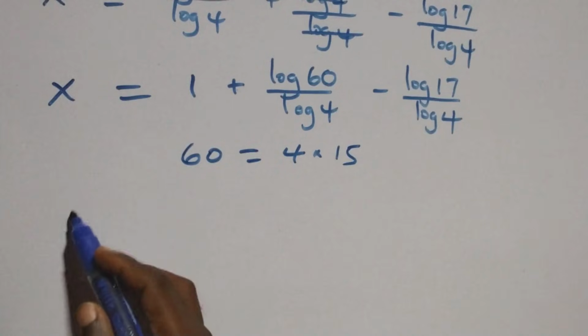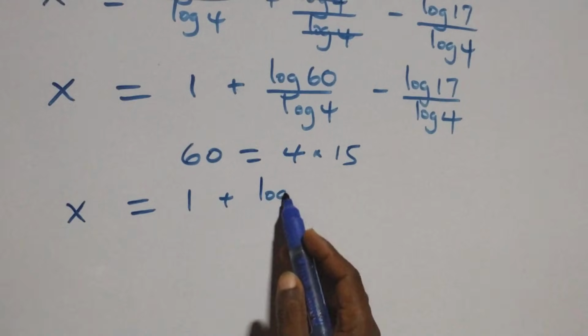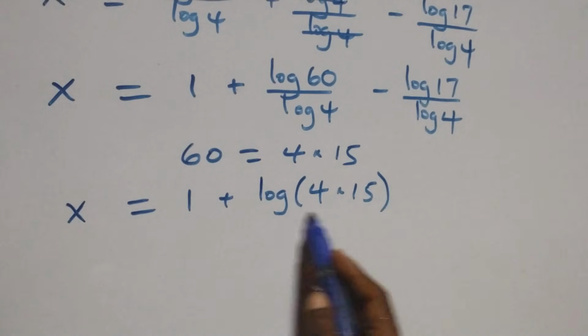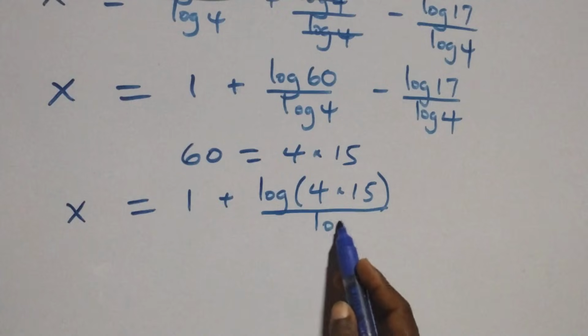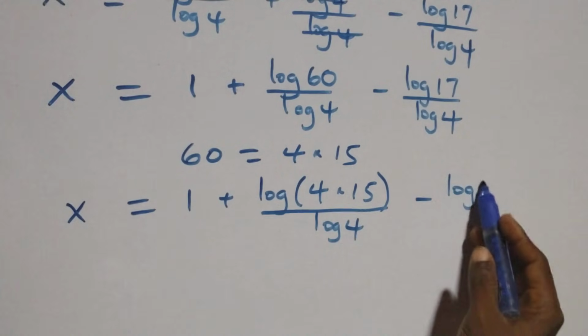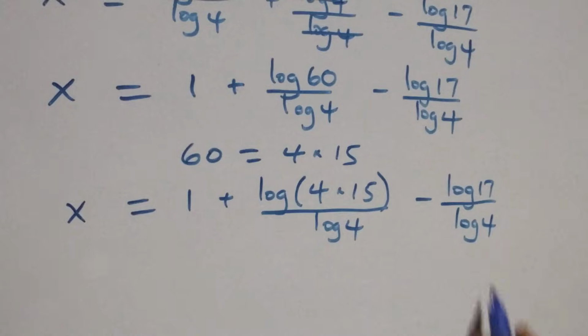Then what we have becomes x equals 1 plus log of 4 times 15 over log 4 minus log 17 over log 4.